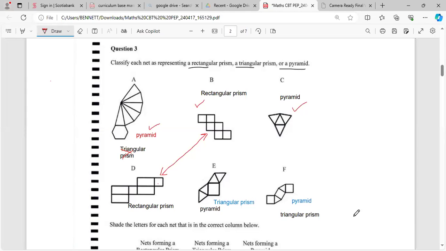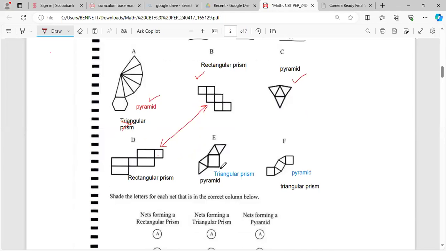Yeah, but remember, they say pyramid overall, right? So even though this is a square, they just say pyramid. They didn't give square or rectangular pyramid, right? So it's not a triangular prism. This one is a pyramid also.